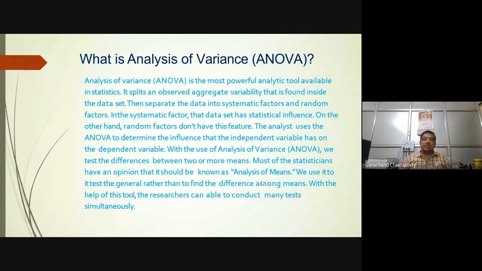With the help of this tool, researchers can conduct many tests simultaneously. Analysis of variance is used by statisticians, physicists, mathematicians, and computer scientists. So that's why this topic is very important for all of us.